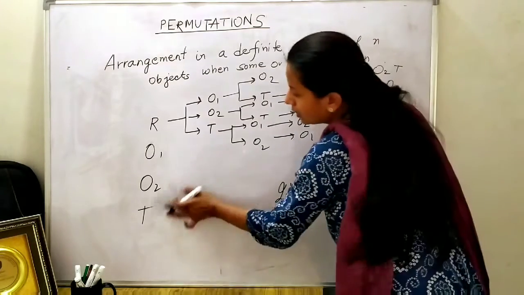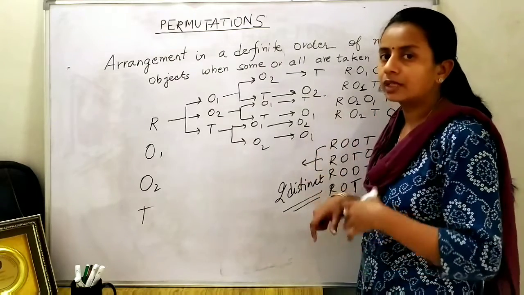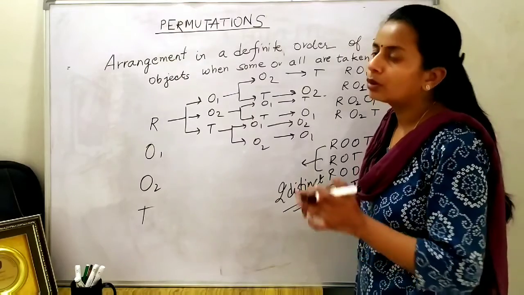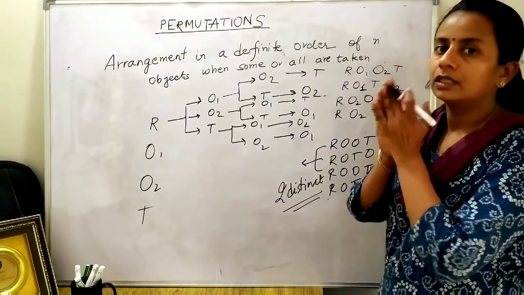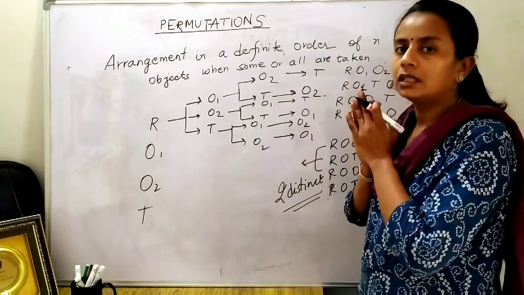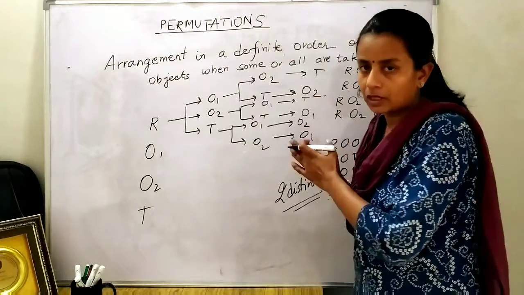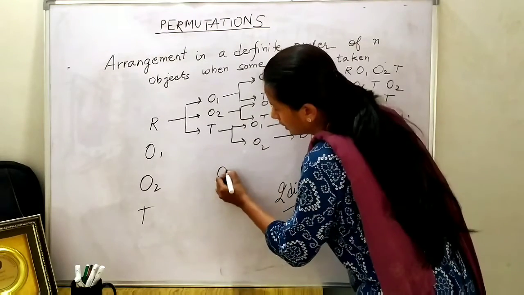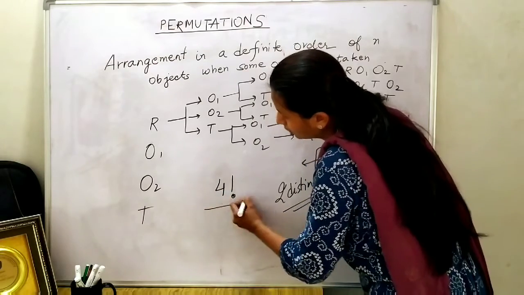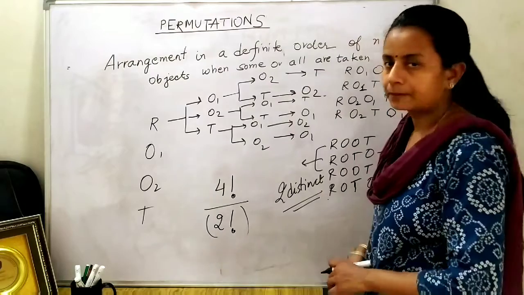So we will divide the whole number of arrangements by the factorial of the number of similar objects. The number of total arrangements is 4 factorial divided by the number of similar objects factorial. Okay.